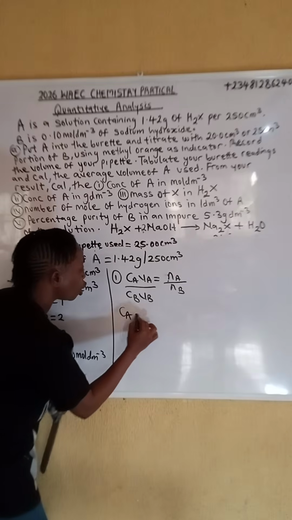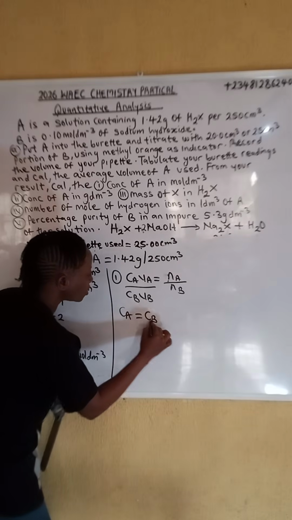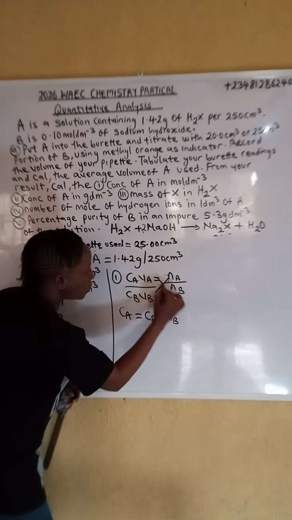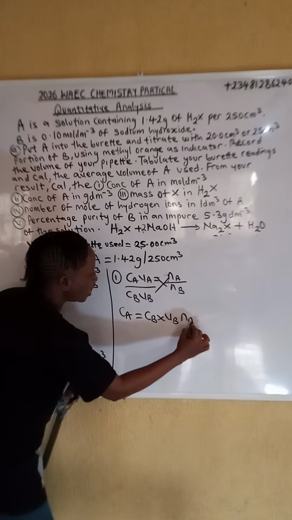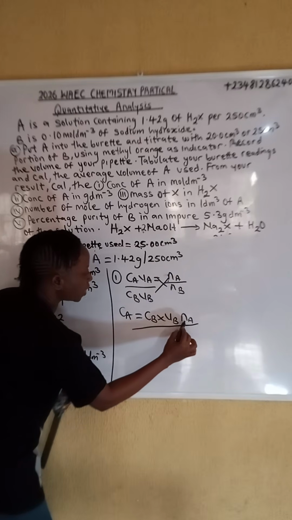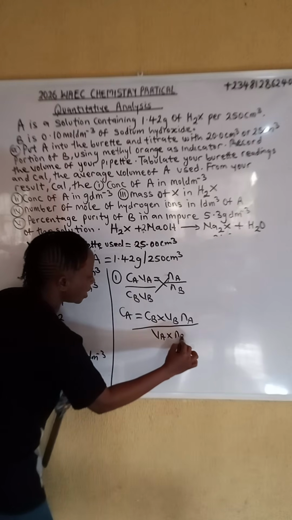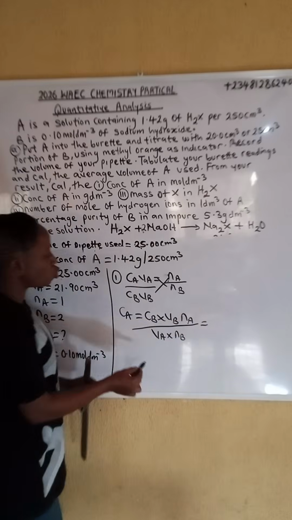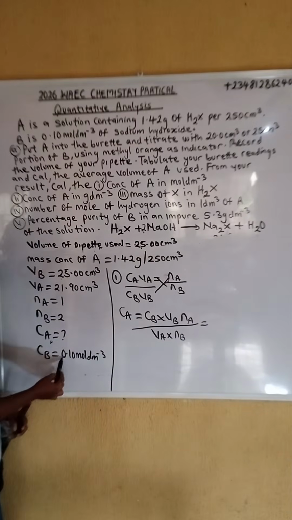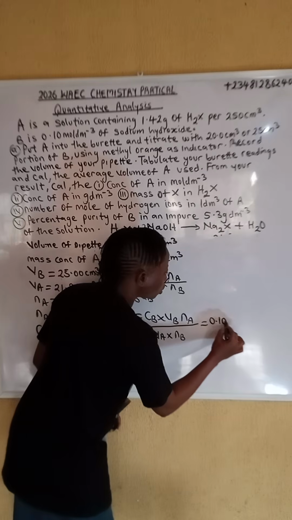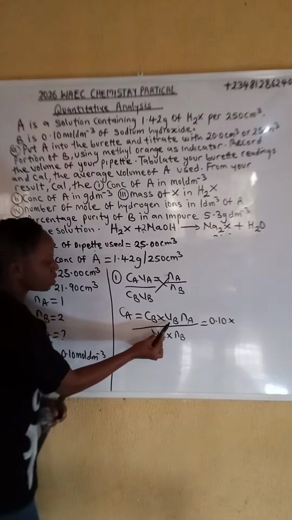So Ca will be equal to CbVb multiplied by Na, then divided by Va multiplied by Nb. So which is equal to what? What is Cb? That is 0.10, then multiplied by Vb.